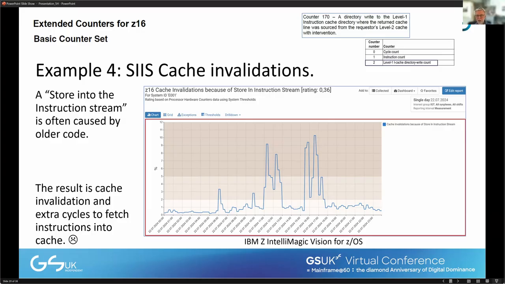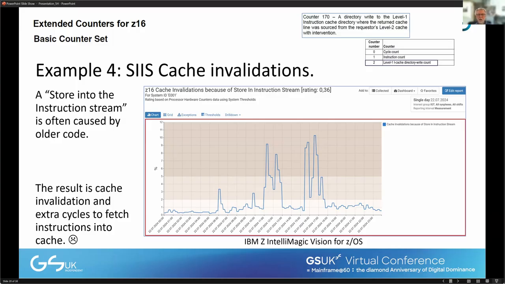So when we look at the cache invalidations, SIIS, we can see, for example, for one particular LPAR, compared to the others, a significant percentage of these invalidations in cache. And that's costing us more MSUs for this workload. And then the question is, why is this happening? Typically it's older code being compiled with an older compiler.